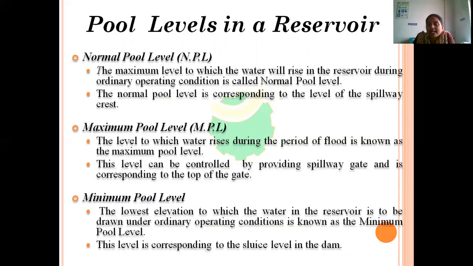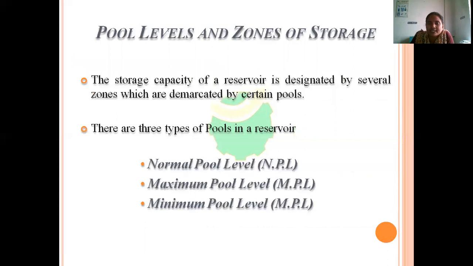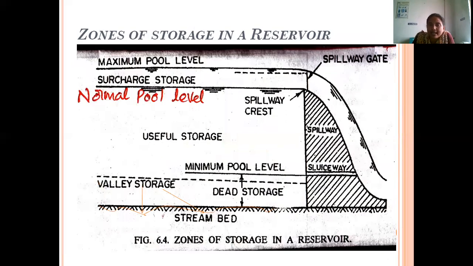Next one, maximum pool level. The level to which water rises during the period of floods is known as the maximum pool level. This level can be controlled by providing spillway gates, and it corresponds to the top of the gate. So the excess water above the normal pool level, up to this the dam wall is present. From here onwards the gates are present.